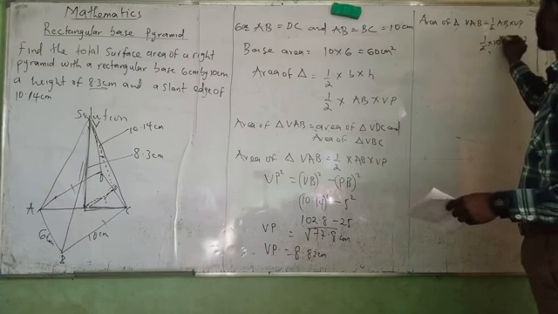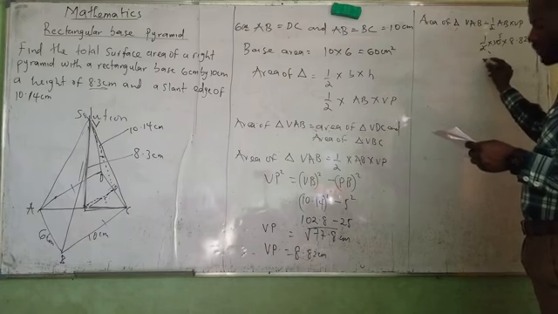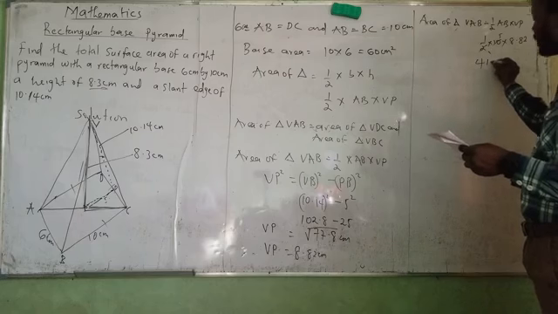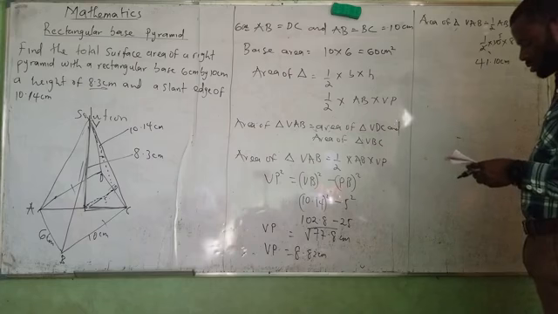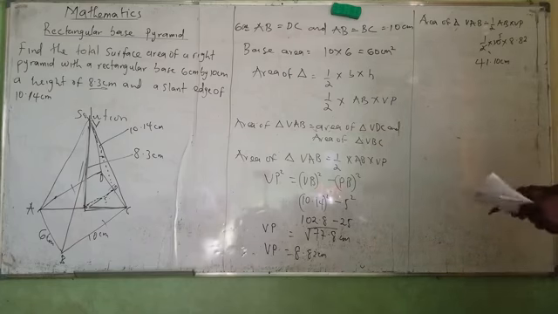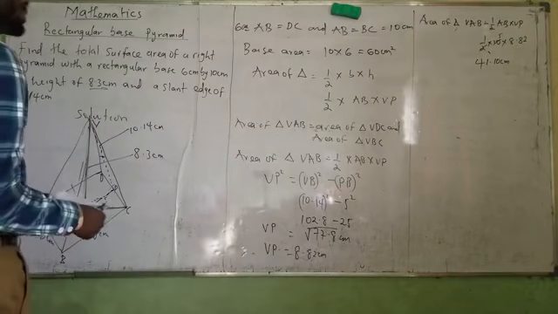Here 1, here 5, which is I will be having 41.10 centimeter. Now that is one part of the triangle. Now I will move on to the next one.